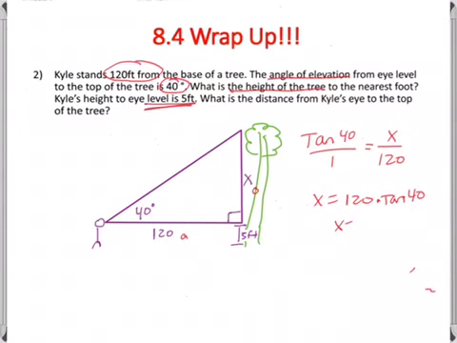So in this case, x should equal 101 feet. But we still have to add in Kyle's eye level, which in this case is 5 feet. So the tree has a total height of 106 feet.